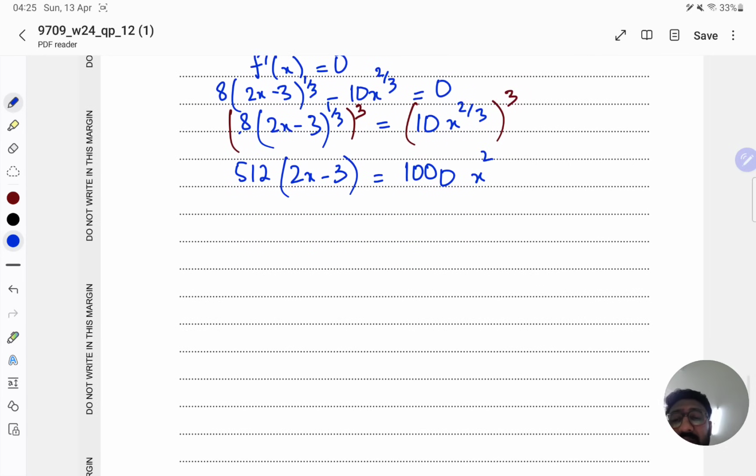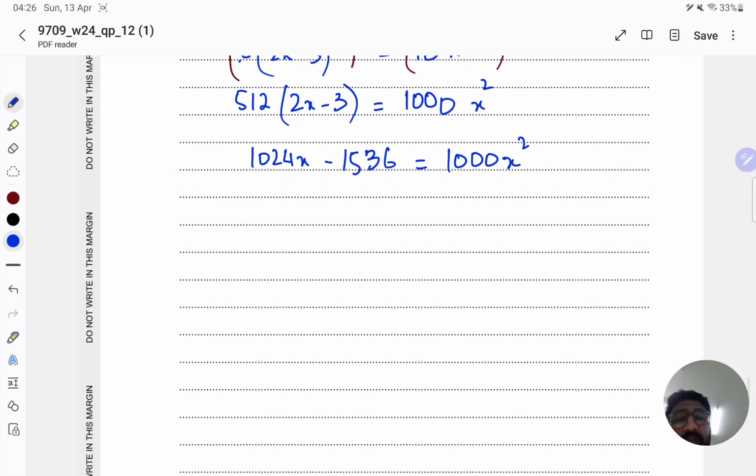So for further simplification, we will simplify 512 multiply by 2, which is 1024x, and 512 multiply by minus 3, which is minus 1536 equals 1000x square.